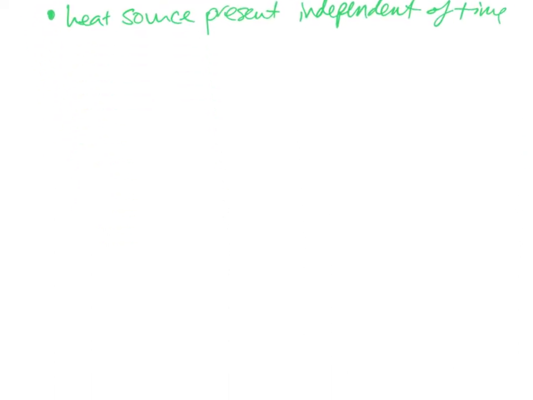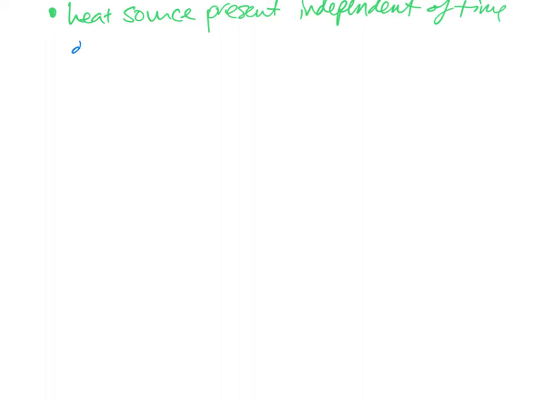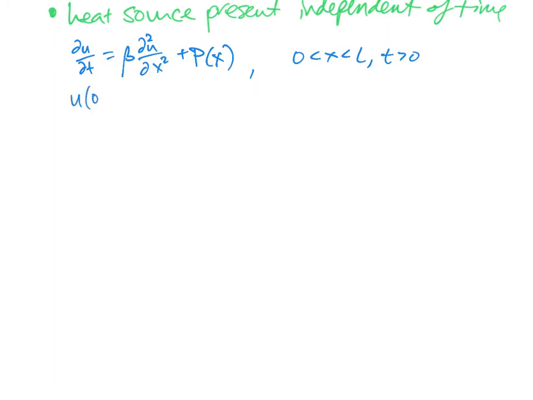So here's the new equation that we've got. du/dt equals beta times d squared u/dx squared plus our external heat source. Our new boundary conditions are non-zero, non-homogeneous boundary conditions.